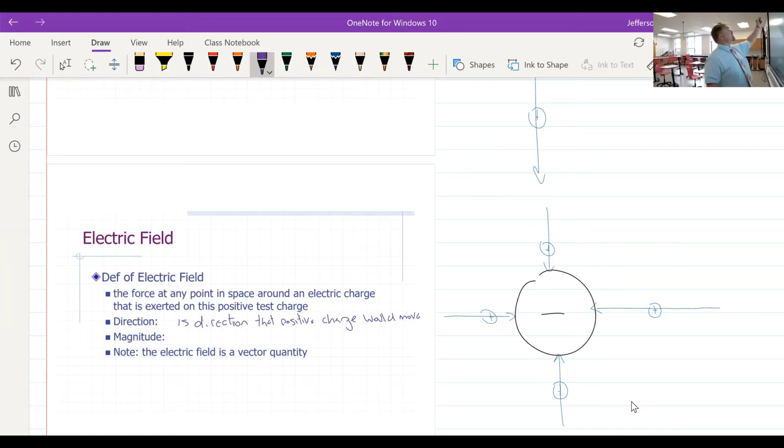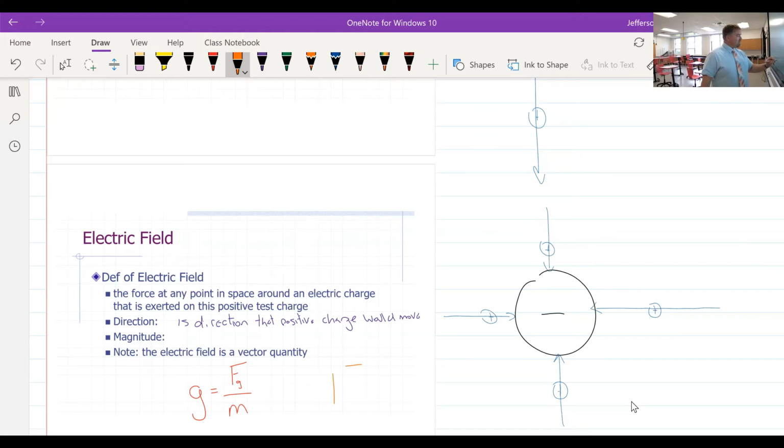Now, the magnitude, he actually defined it the exact same way that we defined our gravitational field strength. Our gravitational field strength, for comparison, you can put this down, but you don't have to have it, was the force due to gravity per unit of mass. We're going to define the electric field strength in much the same way.